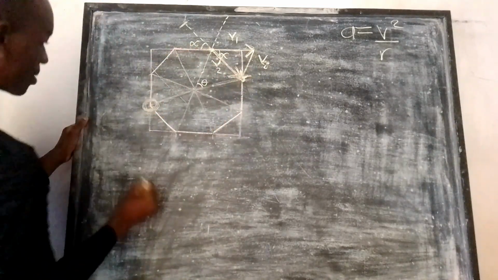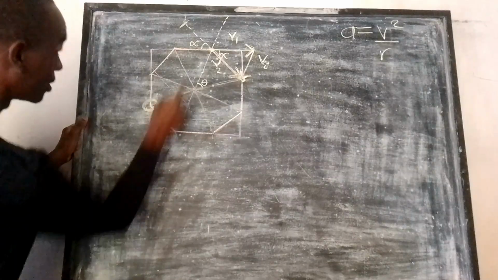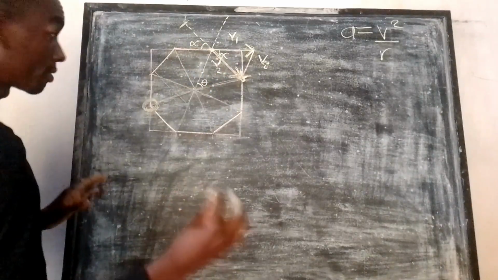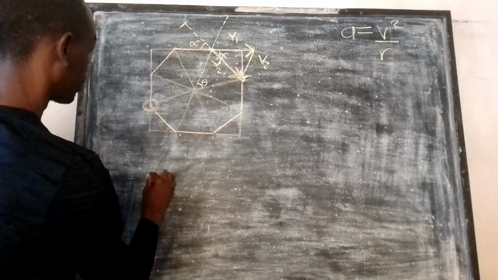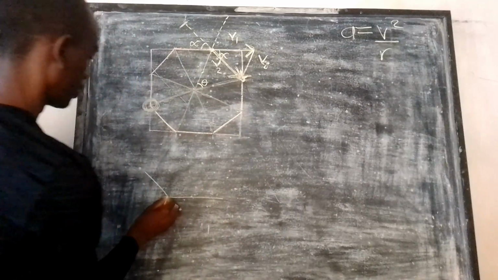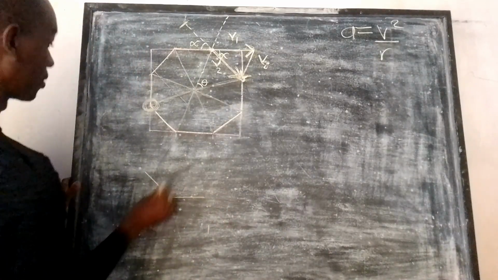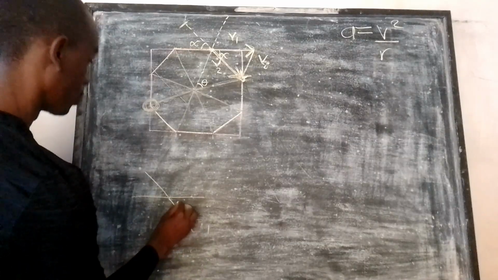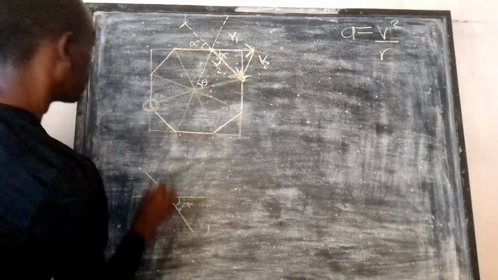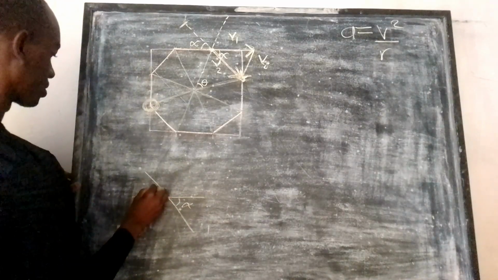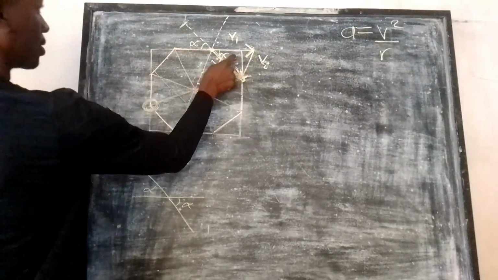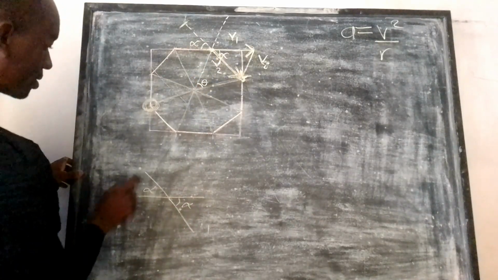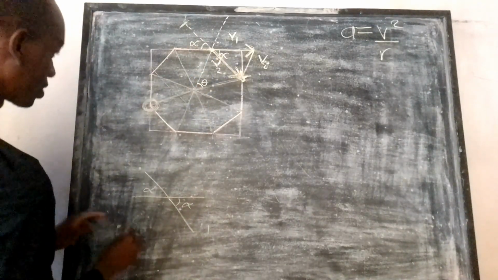So you have something similar to this at this point, where this is the alpha and this is the alpha over here. So this is a part of our shape.